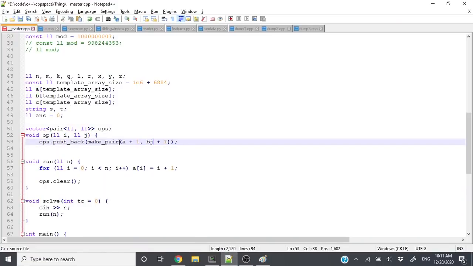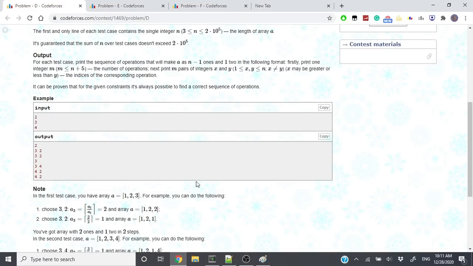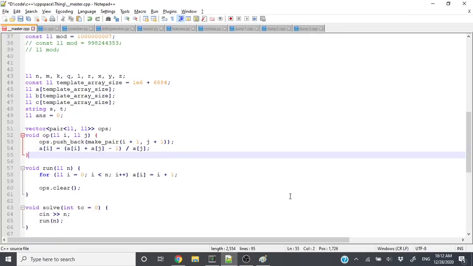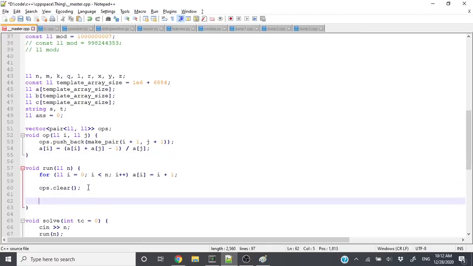J. So we set a i equal to a i plus, this is just the ceiling trick, n minus 2.